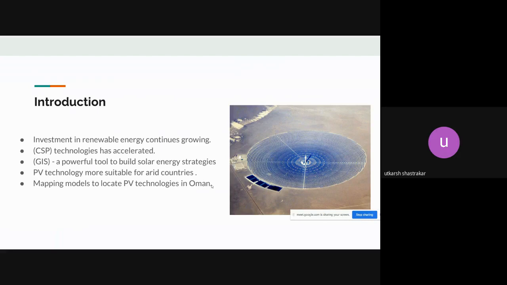The conventional PV technologies are the photovoltaic technologies where we use solar panels based on diodes, which directly convert the radiation into electrical energy, whereas CSP is a technology where mirrors and lenses in combination are set up in an area, focusing the radiation gathered at a central point.